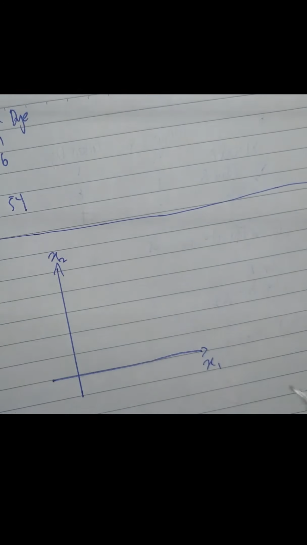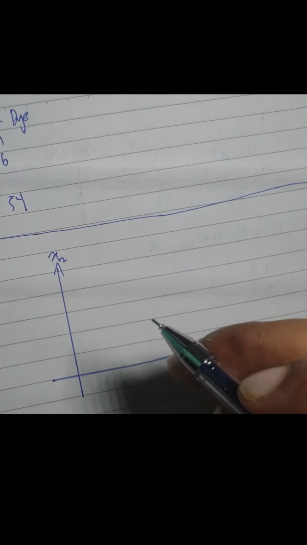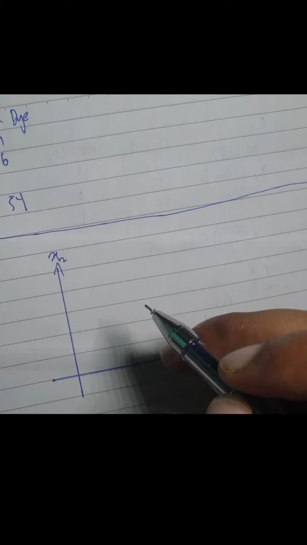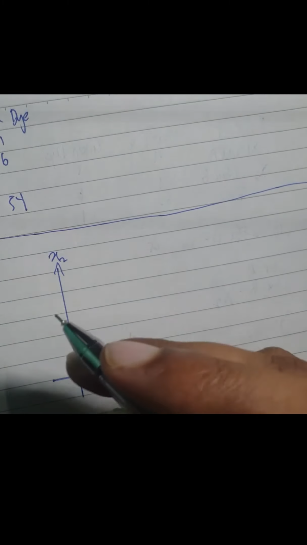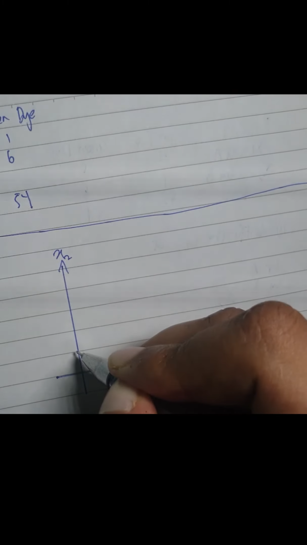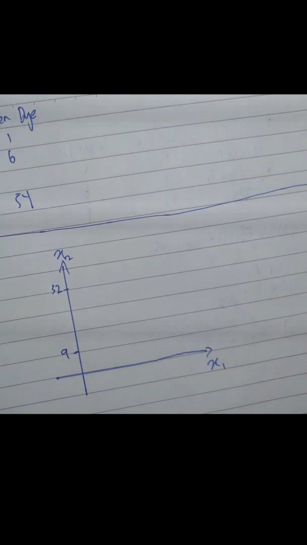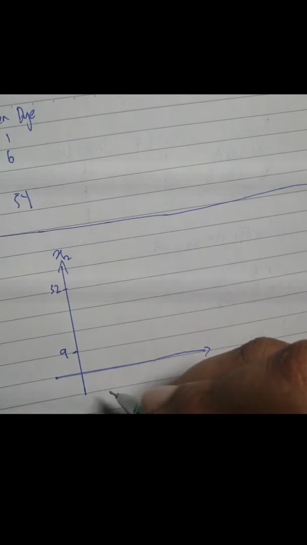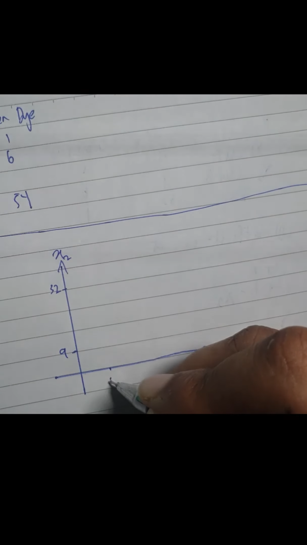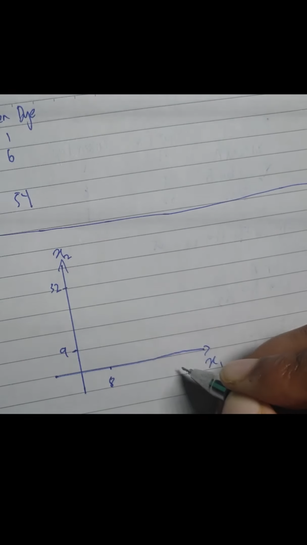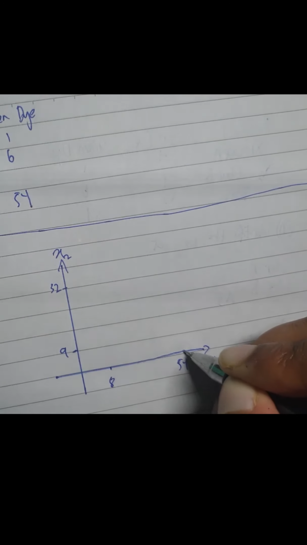With the formulas inside the constraints, we substitute x1 and x2 as 0. So we will get the plotting points, which are 9, 32, 8, and 54.